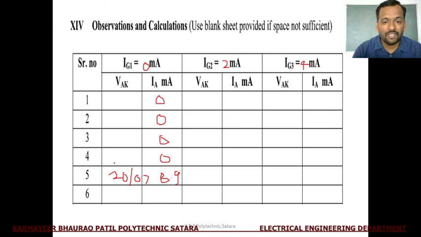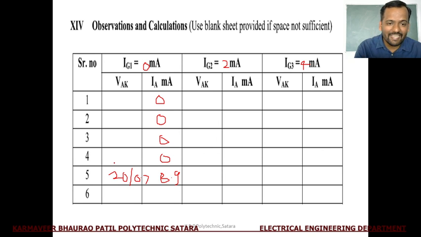Hope you all understand how to take readings. We will revise it once. First, set Ig and gradually increase VAK. When SCR turns on, current will flow through the SCR and give a reading on the anode current meter, and VAK decreases to 0.7 volt.